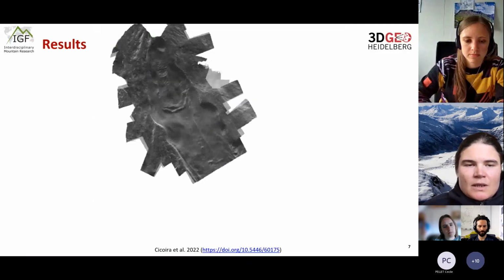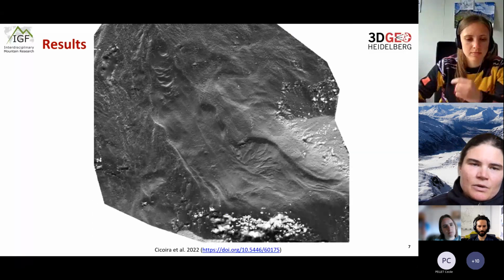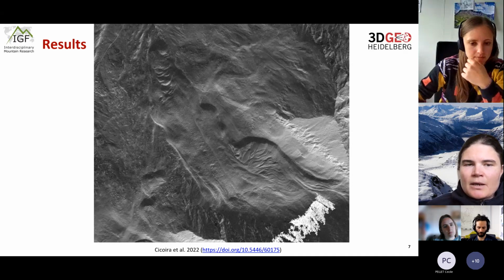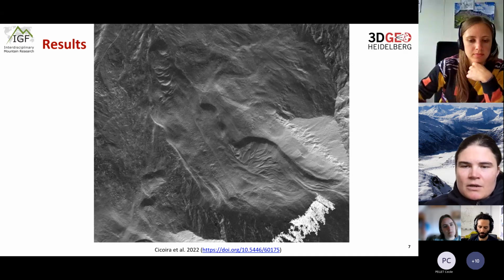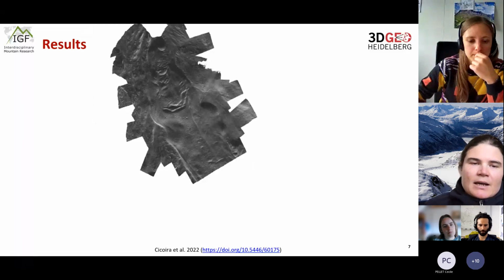A lot of what we talk about in the paper is based on work by Marco and Alessandro, who define in more detail destabilization phases and talk about morphological signs of destabilization. These would be cracks and scarps that develop at the surface and are very visible in this imagery.